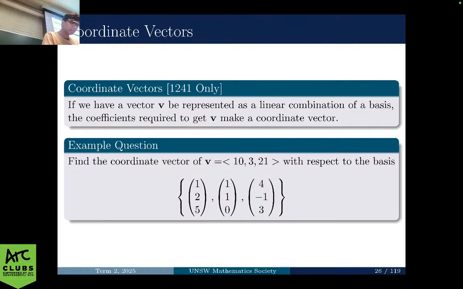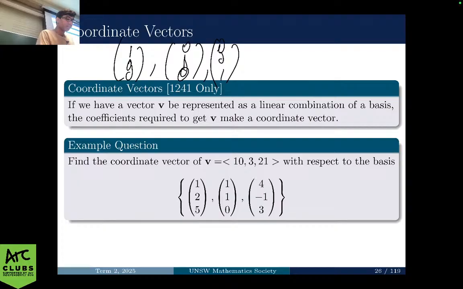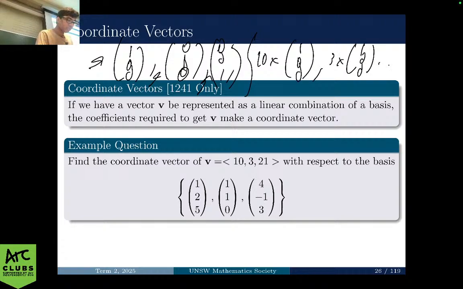An easier example: if I had 1, 0, 0, 0, 1, 0, 0, 0, 1, then I'd make up some of this, some of this, some of this, so it would be 10 of the first one, and then 3 of the next one, etc. Hopefully you can see that is just forming this 10, 3, 21.